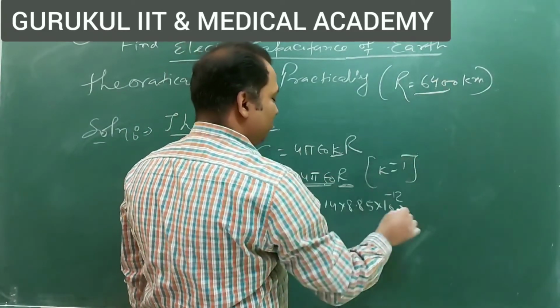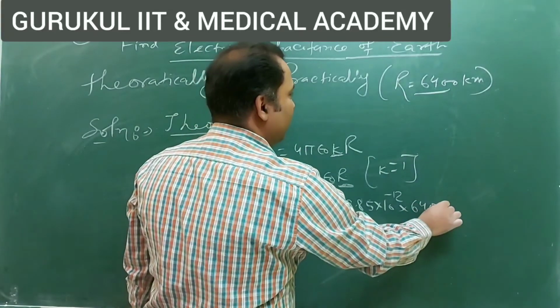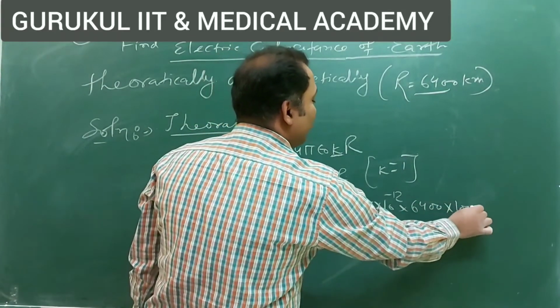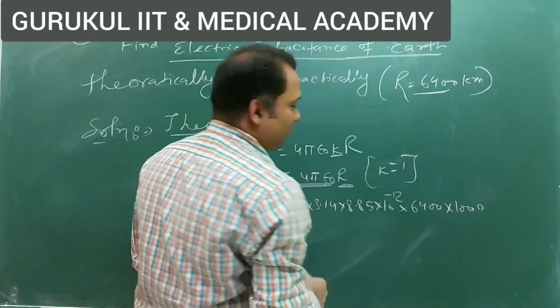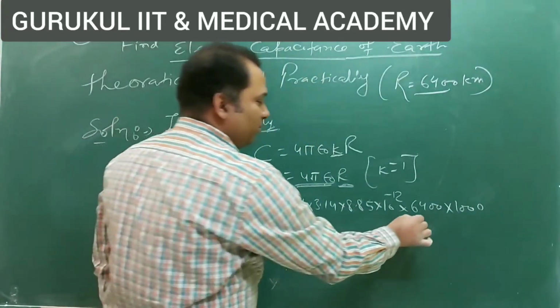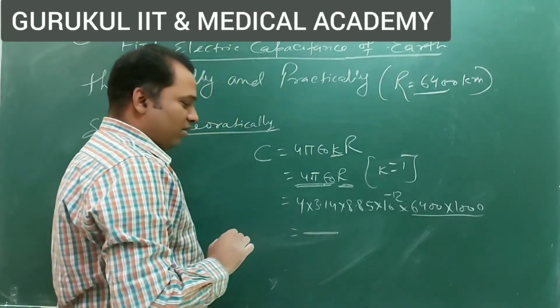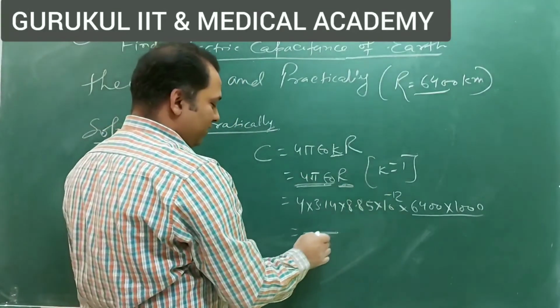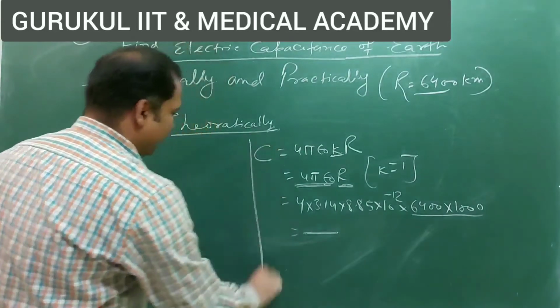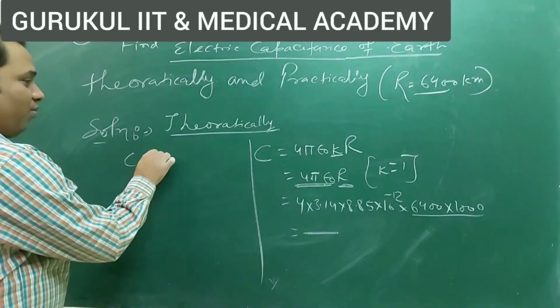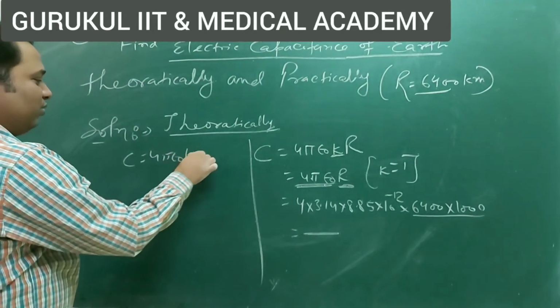You can get the radius from here, 6400 kilometer, change into meters multiplied by 1000, and calculate.